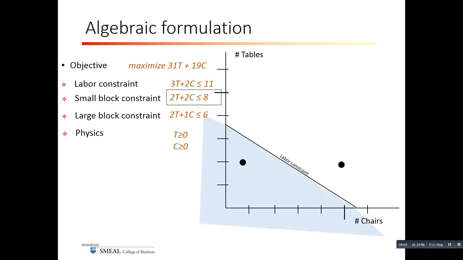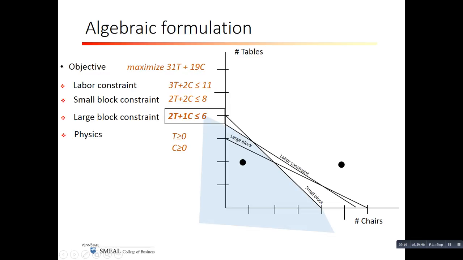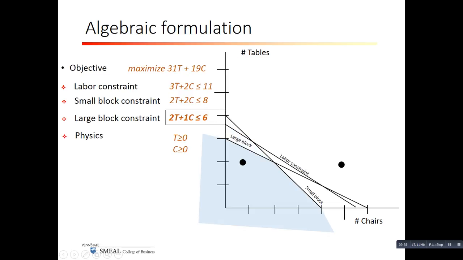Similarly, we can draw the constraint on small blocks. It looks like this, and the points that satisfy these two constraints together are the intersection of these two regions. Next, we look at the large block constraint, which looks like this, and the intersection between these regions is given by this.